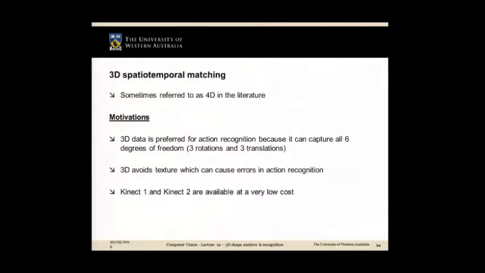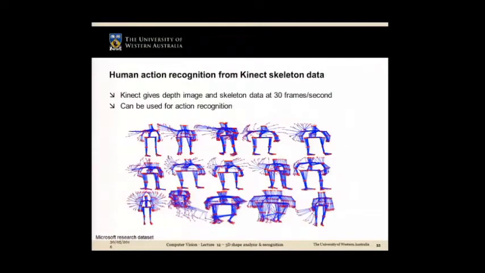Kinect 1 and Kinect 2 are available at very low cost to accomplish all that for you. And what does Kinect 1, Kinect 2 give you as an output? If you look at the images, you get these sort of skeletons. And you don't have any texture information or any other information, but just these skeletons. And Kinect gives depth images and skeleton data at 30 frames per second.